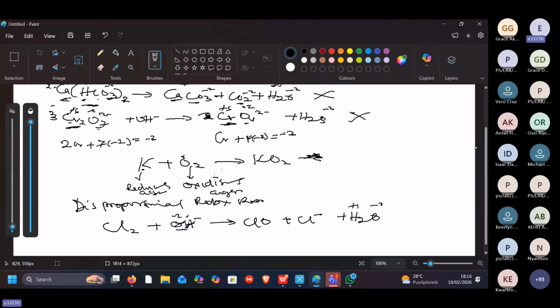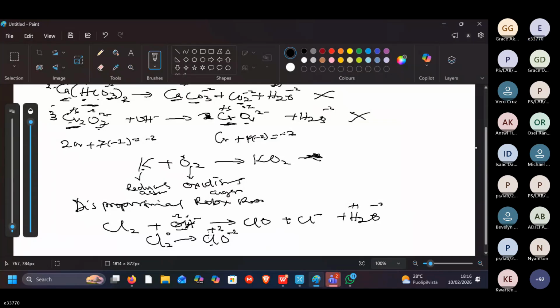But look at this, the Cl2 here moving to the hypochlorite. If you check the oxidation state, here it is 0. The chlorine gas is 0. But here it becomes +1 because oxide is -2. Do you see that?